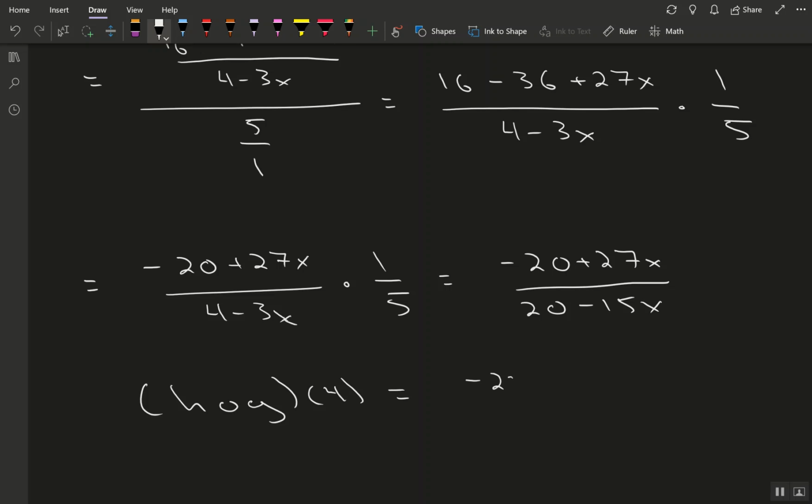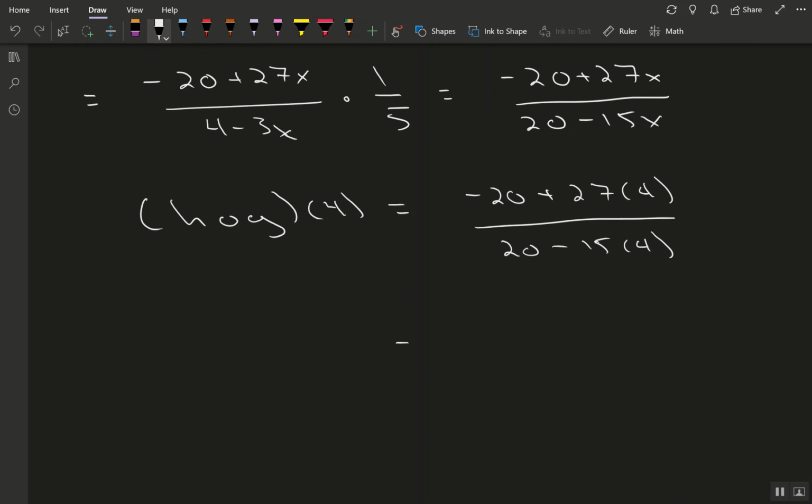So negative 20 plus 27 times 4, all over 20 minus 15 times 4. Okay, and I guess you've got to put that into your calculator. Negative 20 plus 108 is 88.